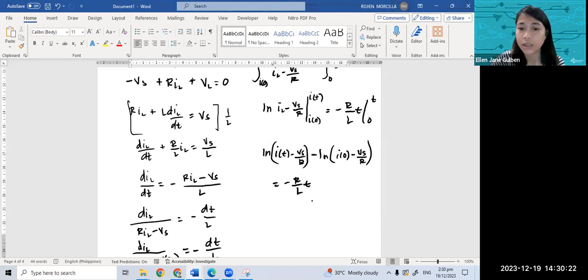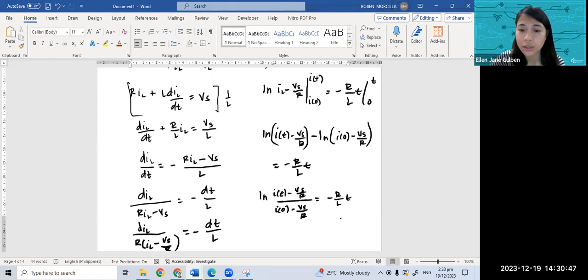Combining, this becomes ln of I of t minus Vs over R divided by I of 0 minus Vs over R equal to negative R over L t.